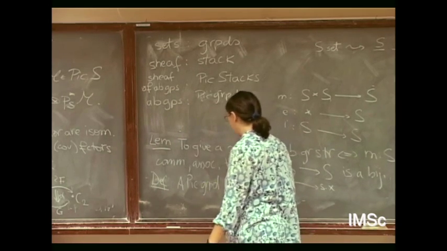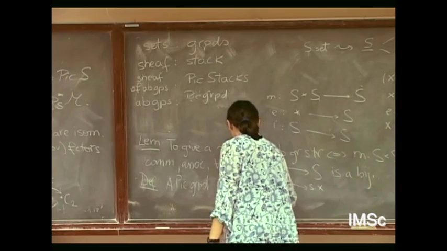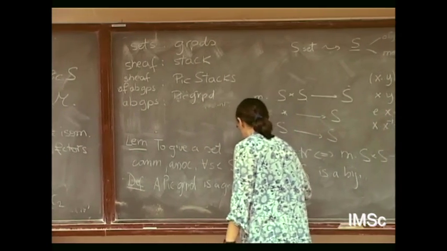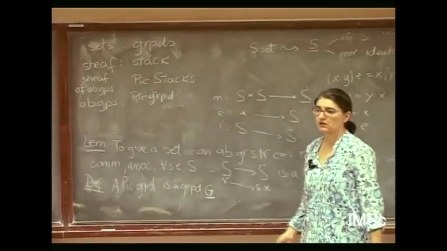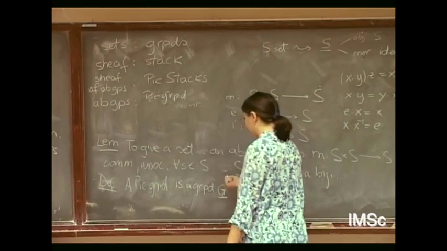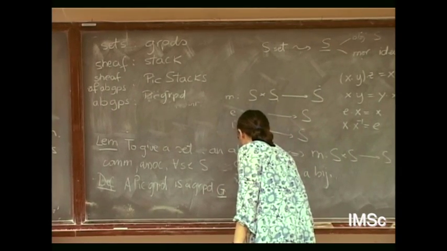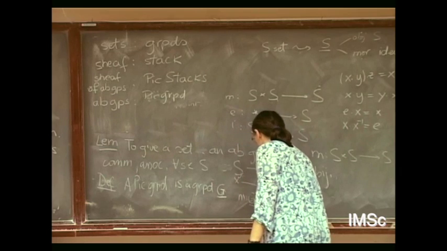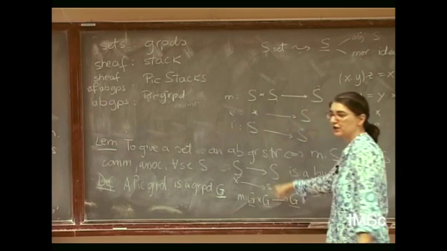A Picard groupoid is a groupoid together with morphisms. Let me call it G underlined, and again this should mean you could have it in some notation. Together with a multiplication map, this is just the product of categories, so two objects and two maps.